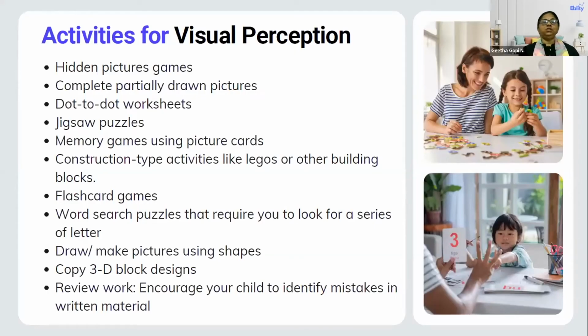So activities for visual perception, I'm just pulling together whatever everybody has said. Hidden picture games, complete partially drawn pictures, dot to dot, jigsaw puzzles, memory games using picture cards, construction type activities, Legos with building blocks, flashcard games with reading words, word search, draw or make pictures using shapes, copy 3D or block designs, review work like proofreading or editing.